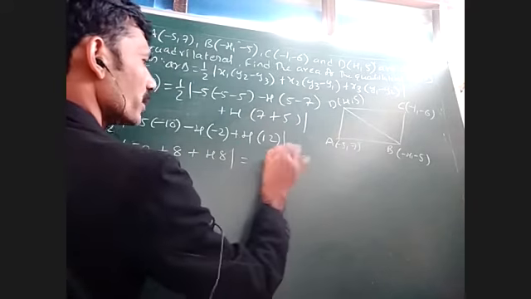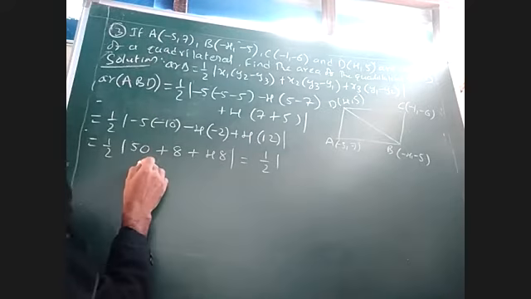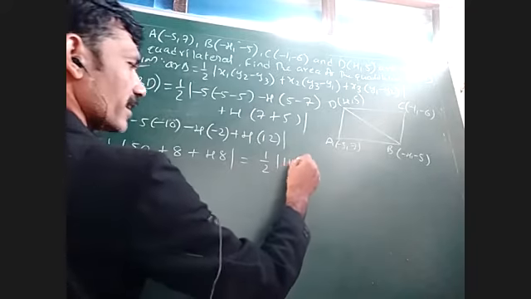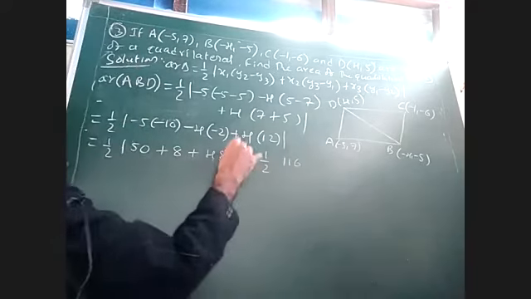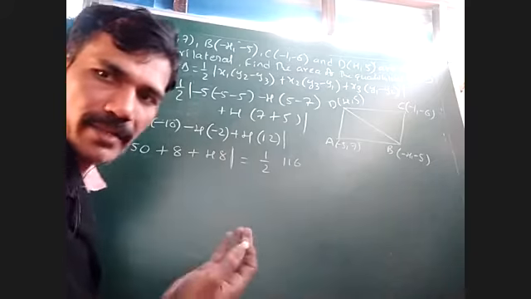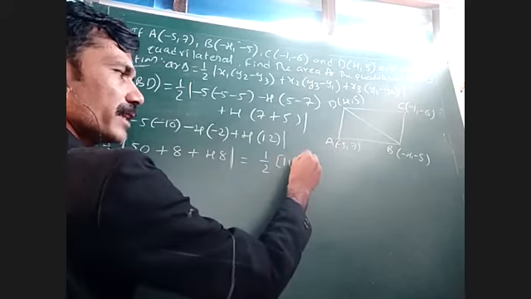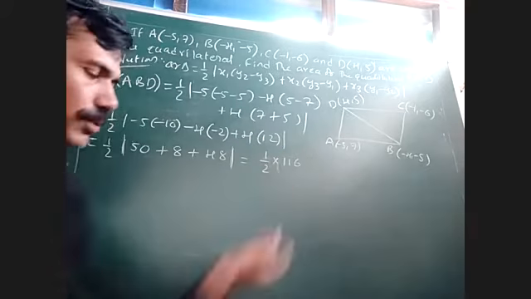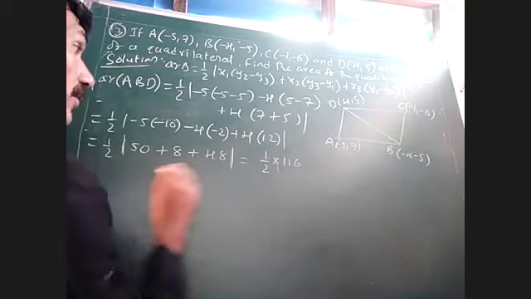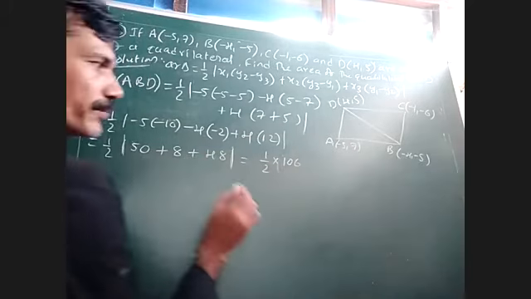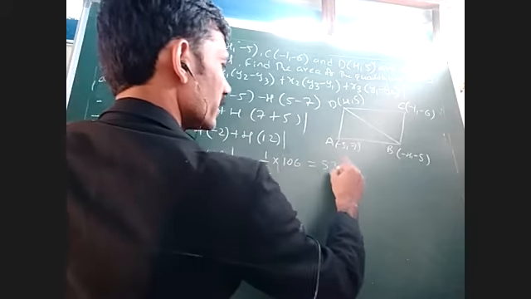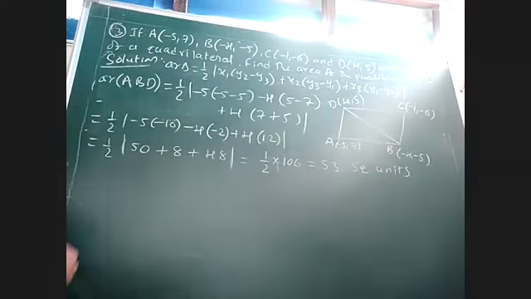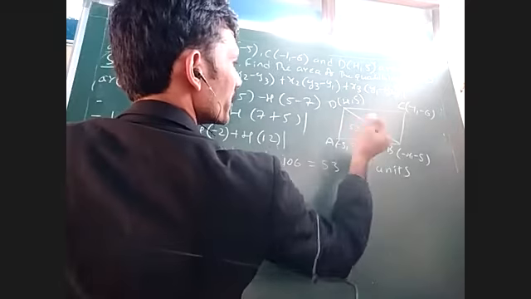Half of this is 56. 50 plus 56, 106. We write the modulus because area can't be negative. Half of 106 is 53. It's area, so write square units. So the area of ABD is 53 square units.